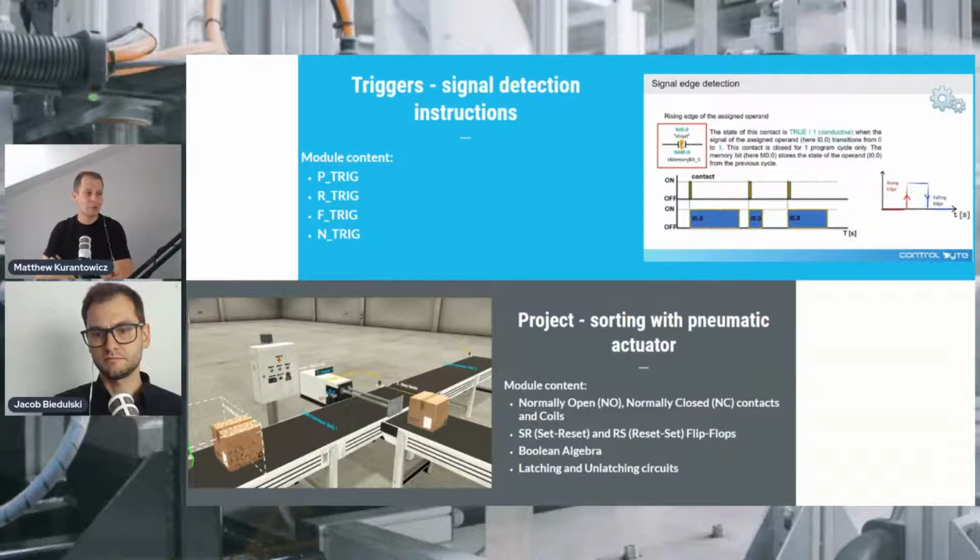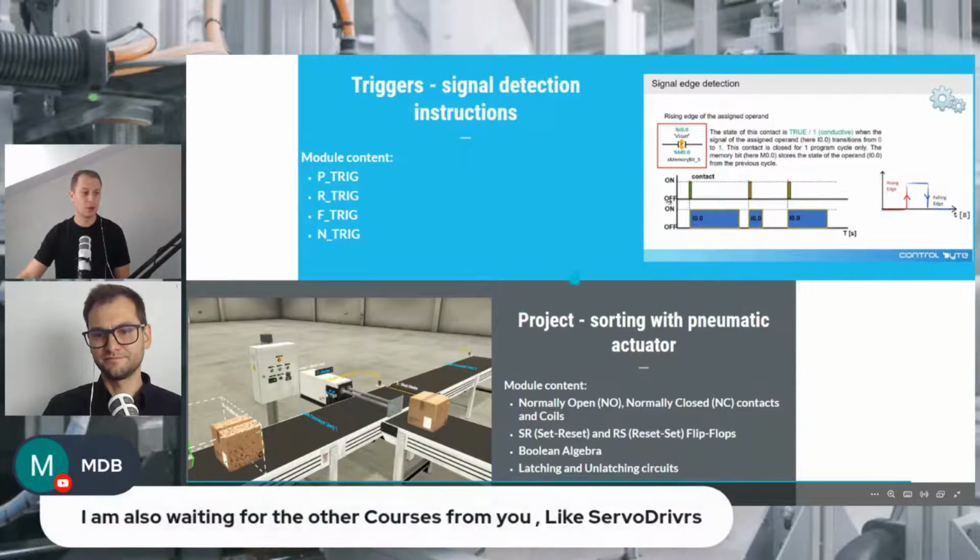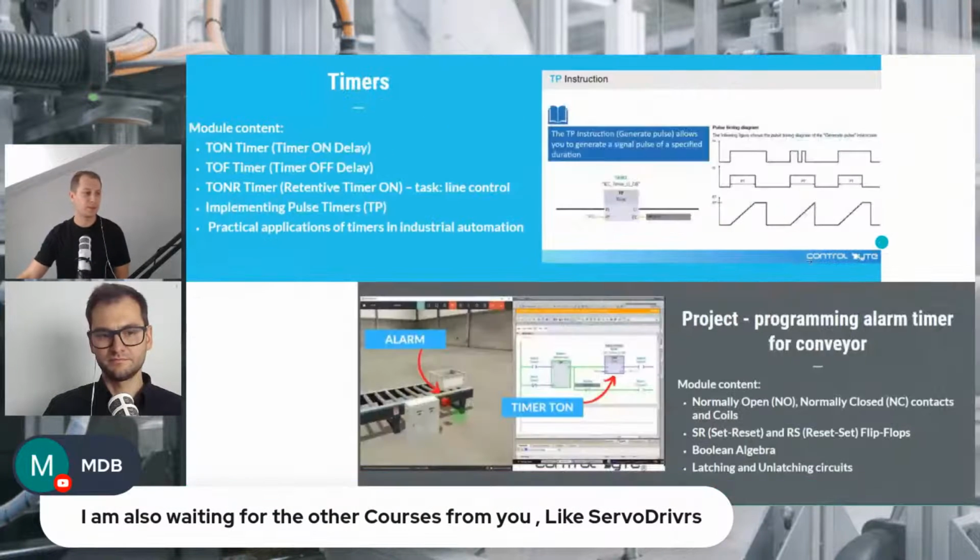You will use P trig, R trig, and more instructions in your projects. Thanks to that, you can create more sophisticated automation processes like sorting with a pneumatic actuator. You will use the whole knowledge that you gained.